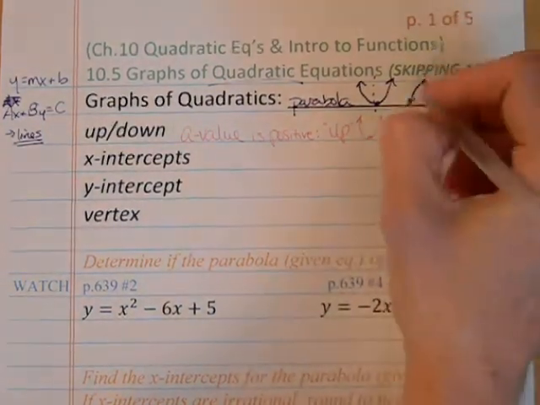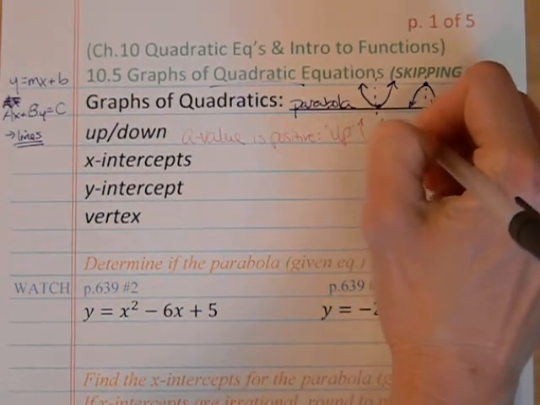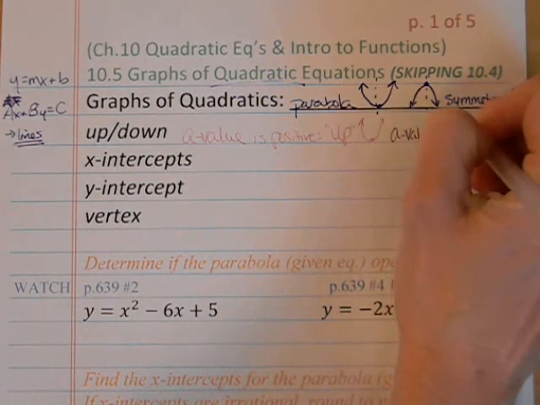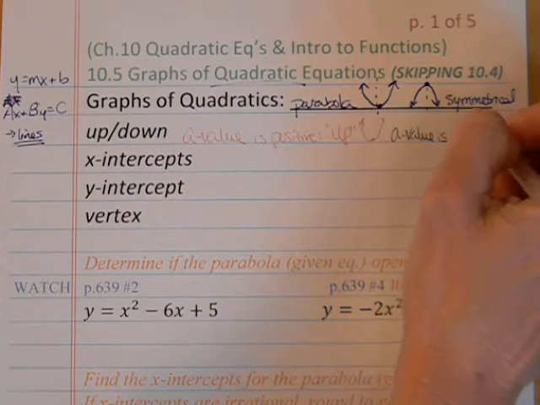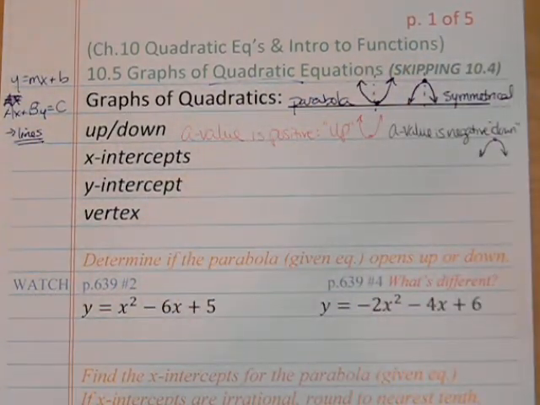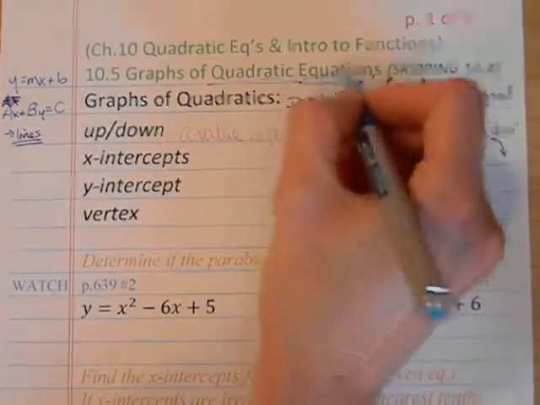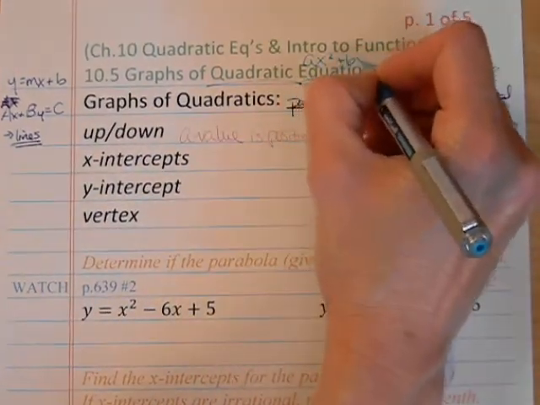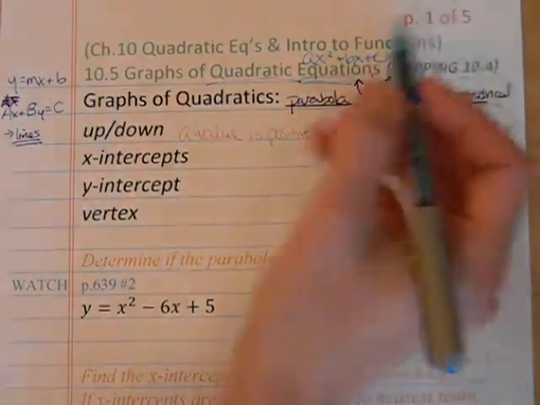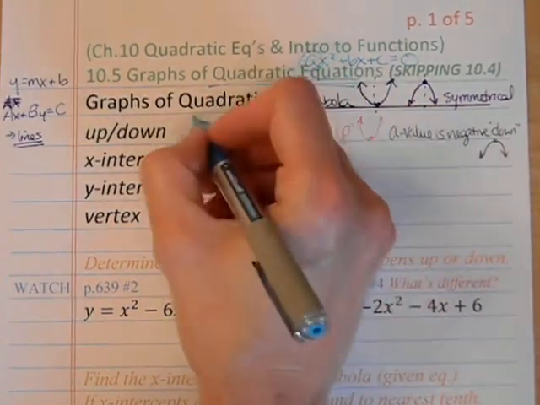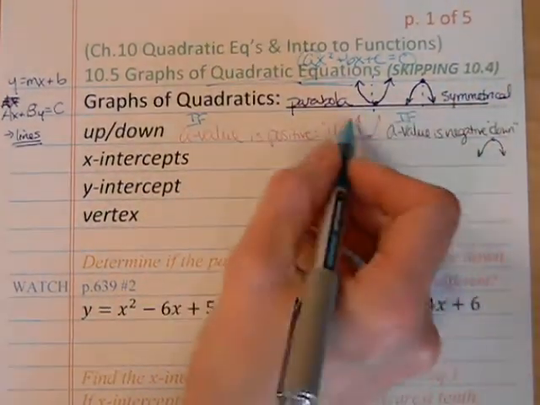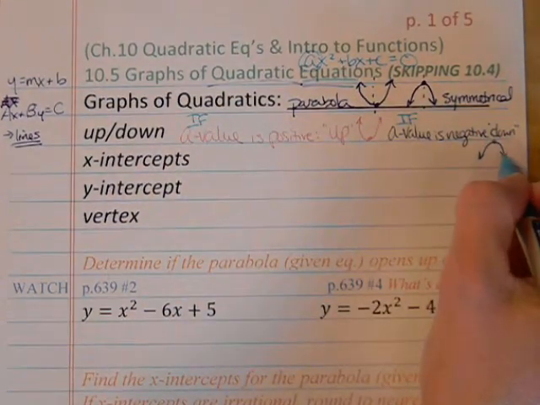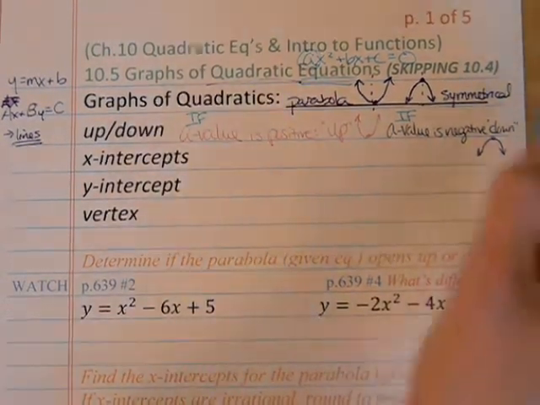If our a value is negative, then it's facing down. And again, this is when your equation is in standard form. So when you have a quadratic equation of ax squared plus bx plus c equals 0, that a value is what we're talking about here. If the a value is positive or negative, then you can predict how that final picture is going to look in terms of going up or going down.